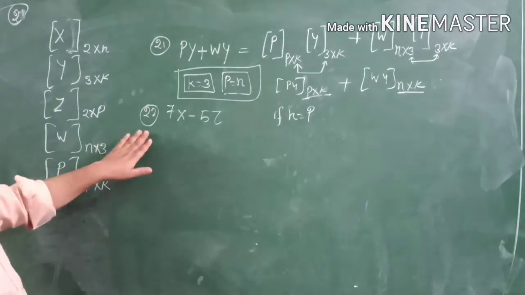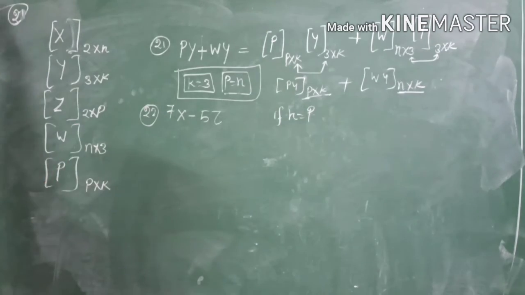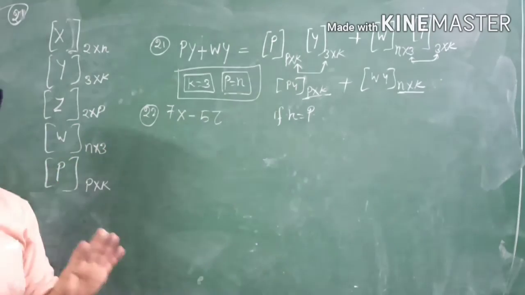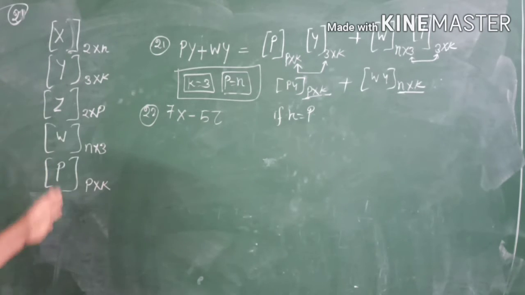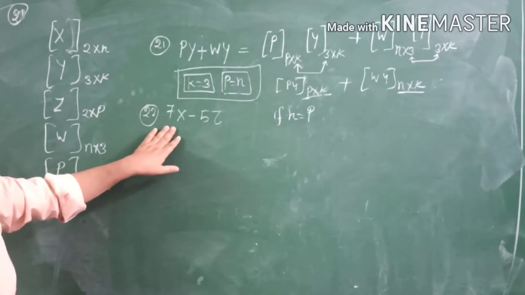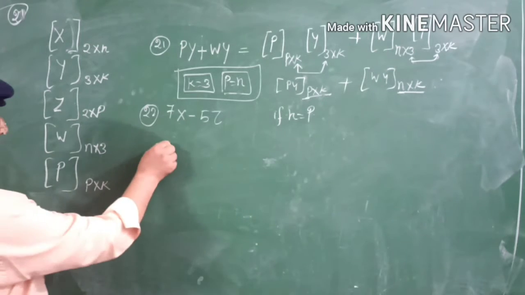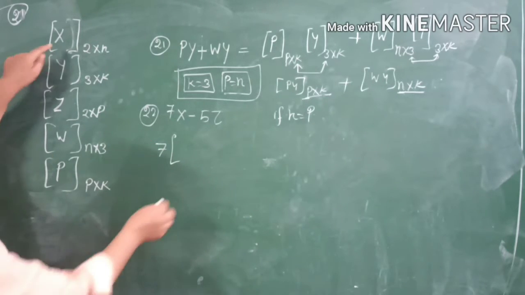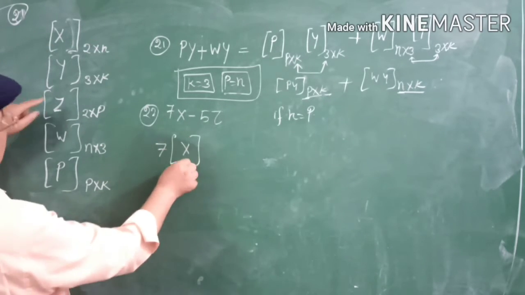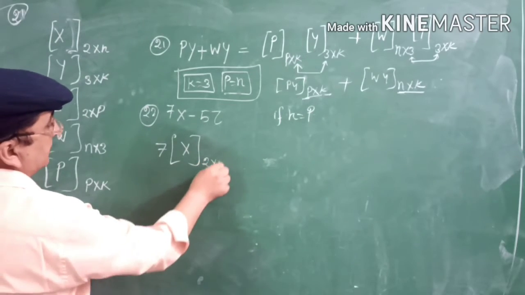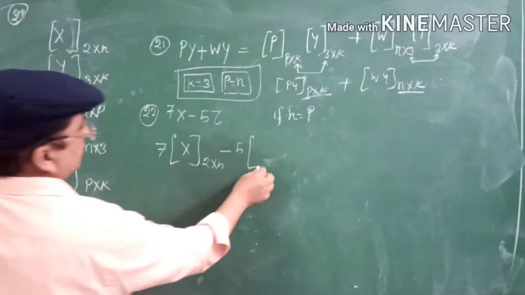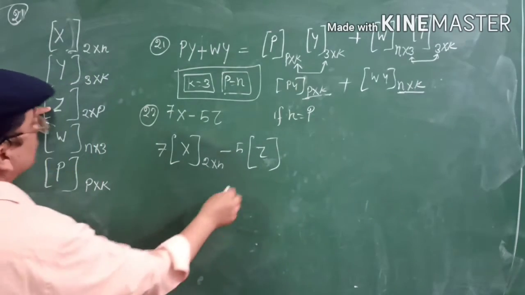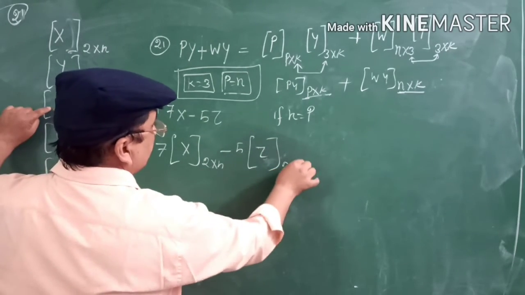And second, question 22, because it is given that 21 and 22 are the same question. It is given the same conditions: X, Y, Z, W and P having different orders. And the question is to define 7X minus 5Z. Now 7 times X, whose order is 2 cross n, minus 5 times Z, whose order is 2 cross p.